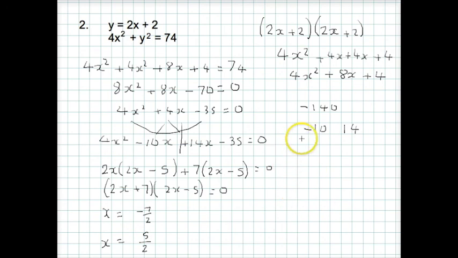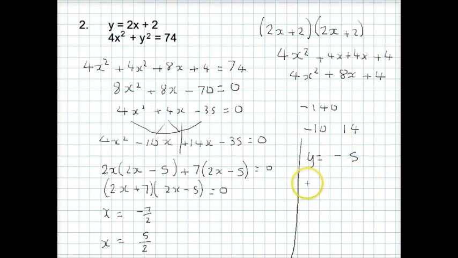So I'm just going to do this over here. y is going to equal, let's put this one in first, 2 times minus 7 over 2. Well, that's going to give you minus 14 over 2, which is minus 7, plus 2 is going to give us minus 5.